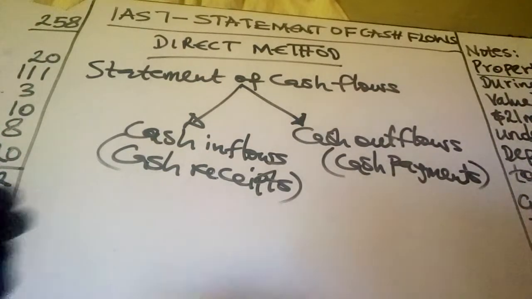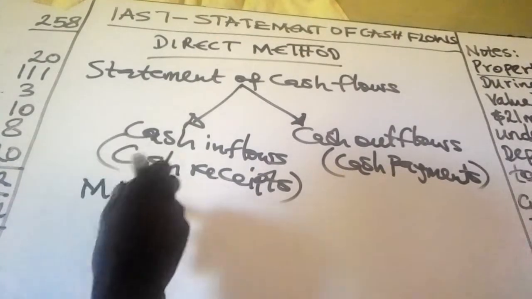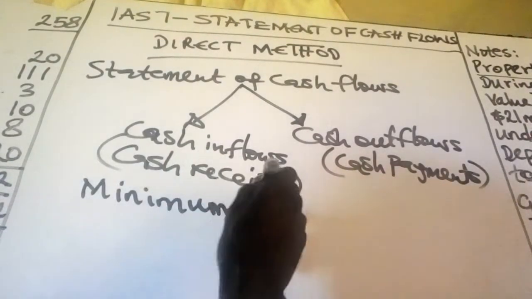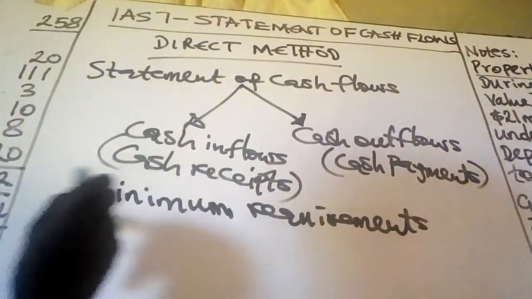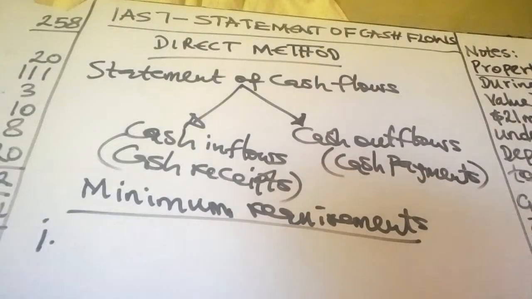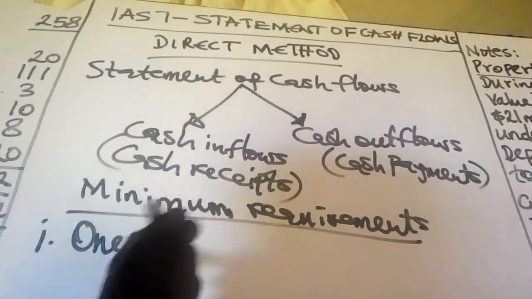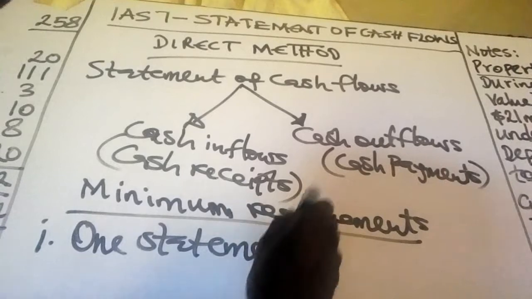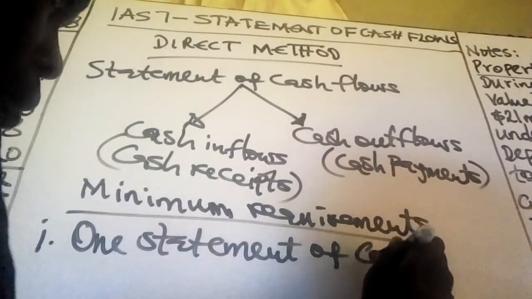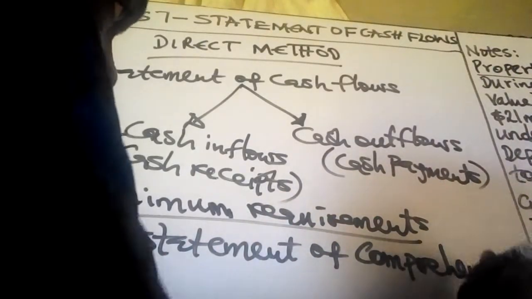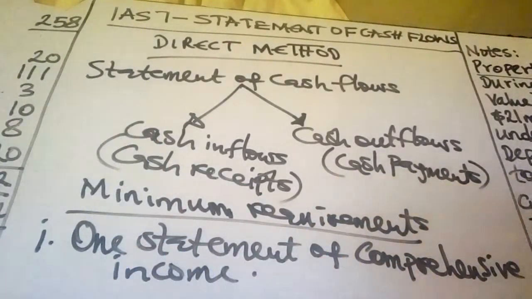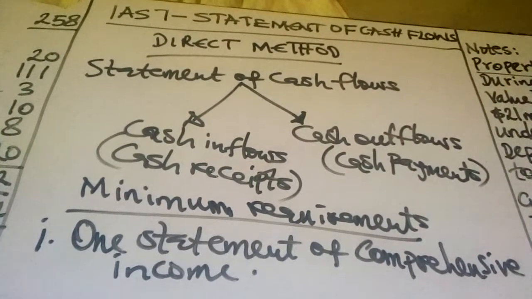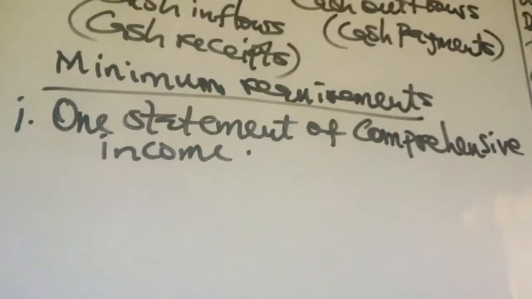The minimum requirements for the preparation of statement of cash flows are: one, statement of comprehensive income. By statement of comprehensive income, I mean the statement of profit or loss and other comprehensive income.